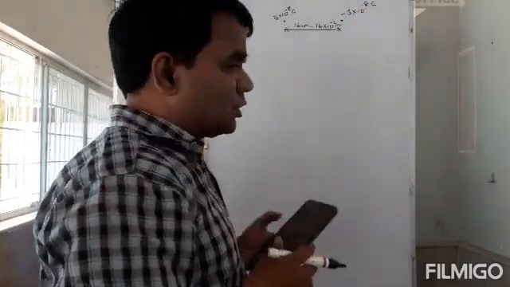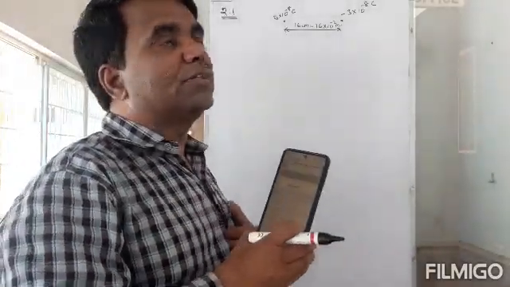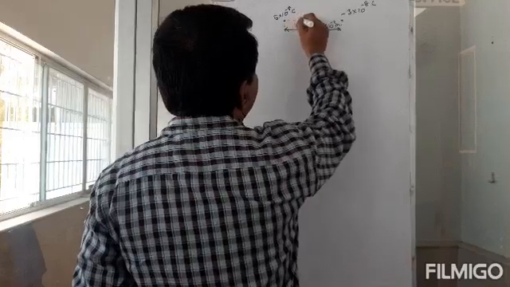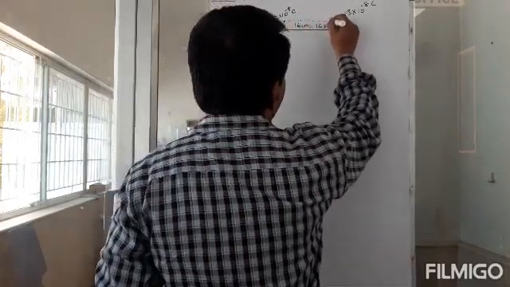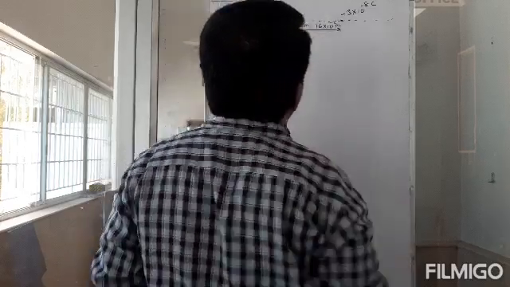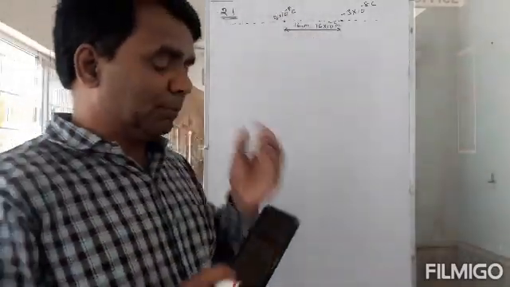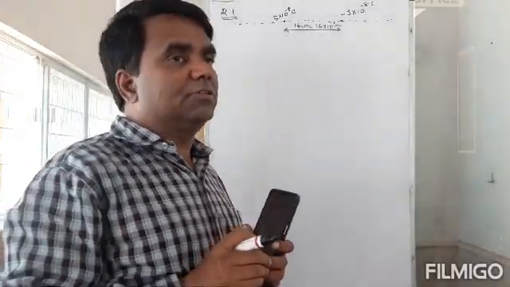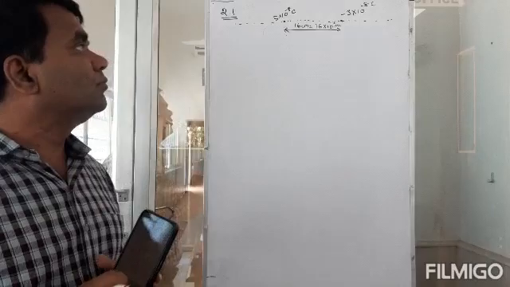So they want you to find the point along the line joining the two charges where the potential would become 0.